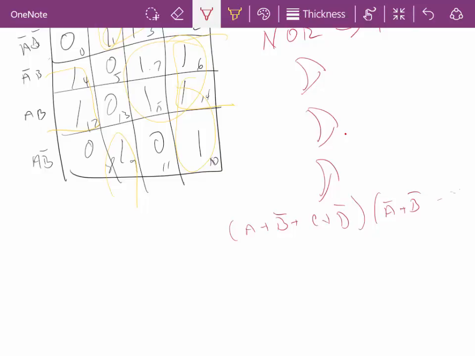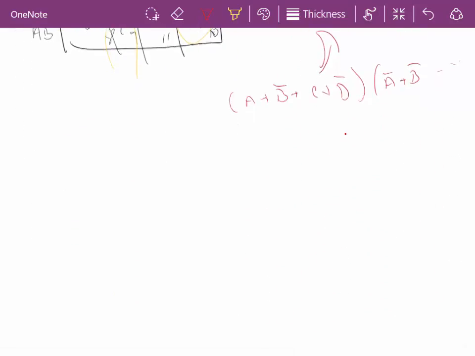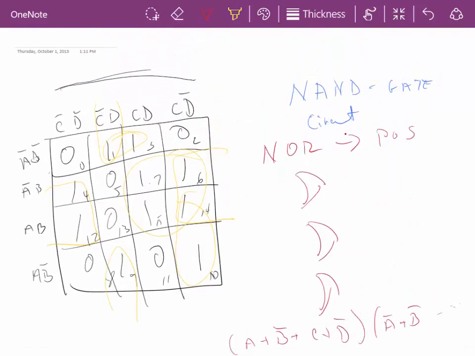The way that you do that is you don't read the ones. We want to find out what the function is not. So the process requires that we read the zeros out.